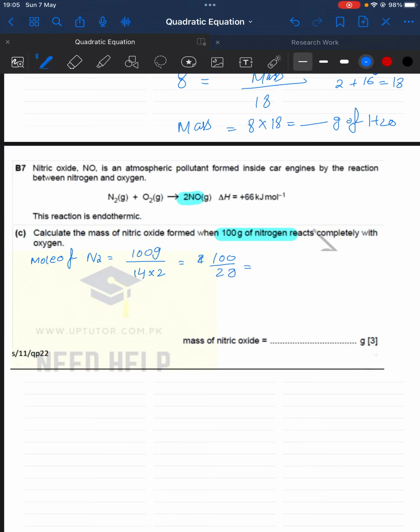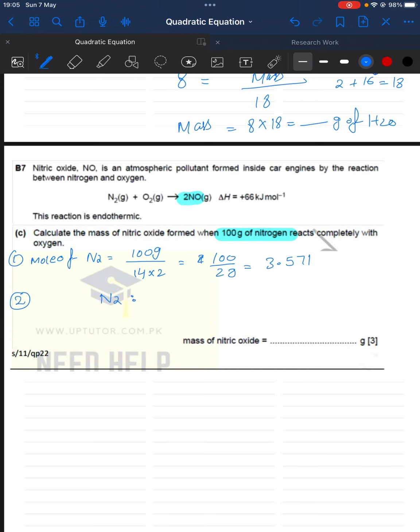This will give us the number of moles. Let me divide. 100 divided by 28 will give us 3.571 moles of nitrogen.